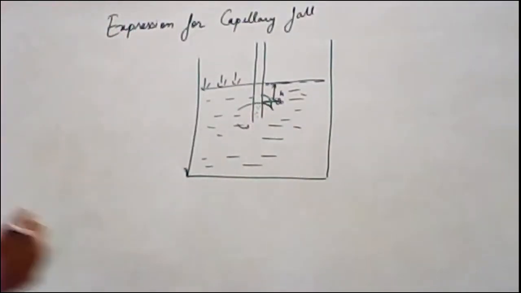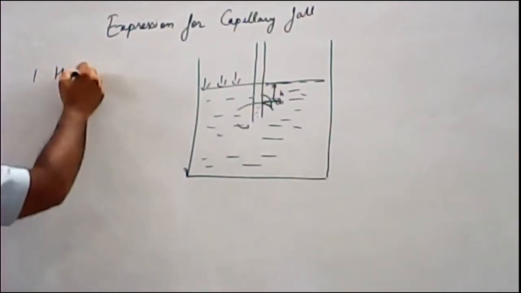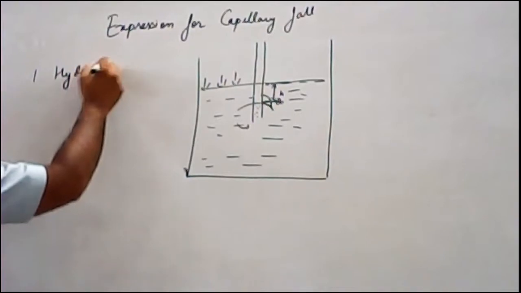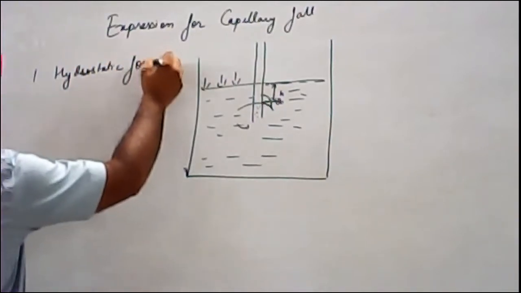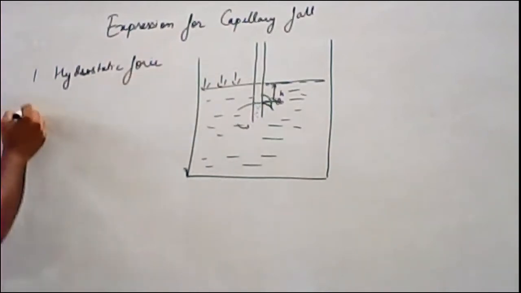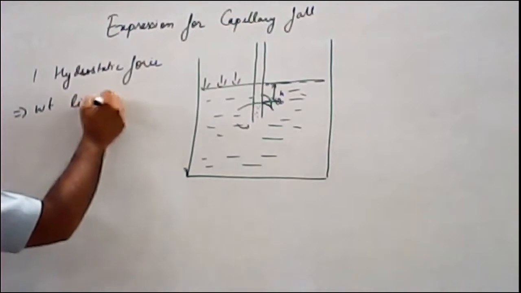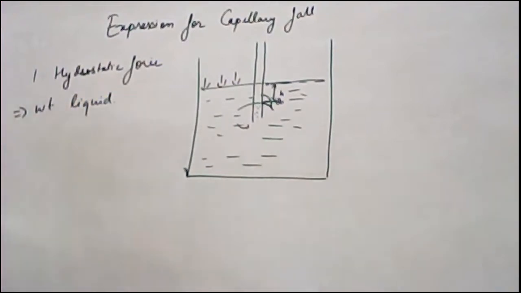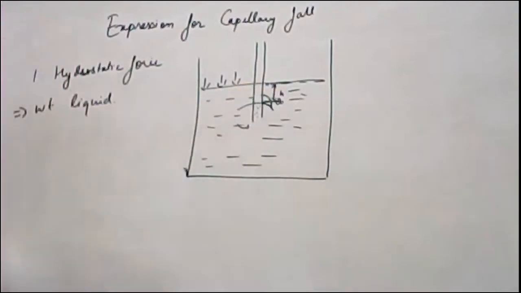Because of that, the first one is the hydrostatic force. That force is equal to basically the weight of the liquid, right? Hydrostatic force is the force which balances the weight.